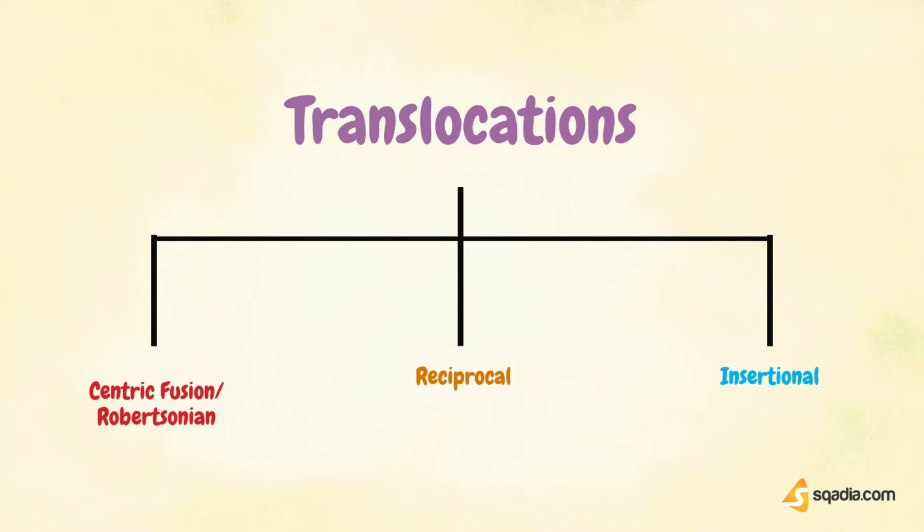Let's discuss them one by one. First type of translocation is Centric Fusion or Robertsonian translocation. Centric fusion arises from breaks at or near the centromeres of 2 chromosomes, followed by their fusion.